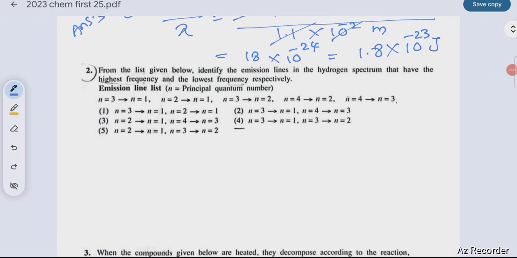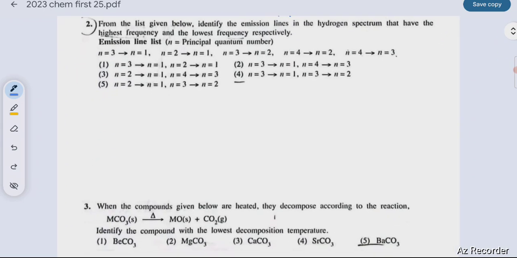From the list given below, identify the emission lines in the hydrogen spectrum that have the highest frequency and the lowest frequency respectively. And they have given some emission lines. So it is better to draw these emission lines. So first we will draw these energy levels.